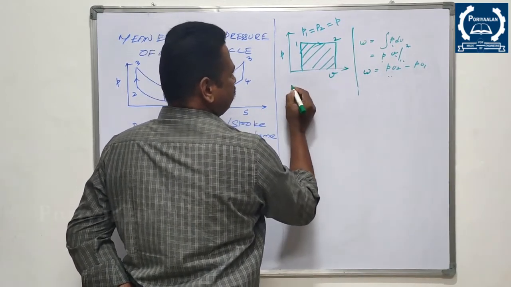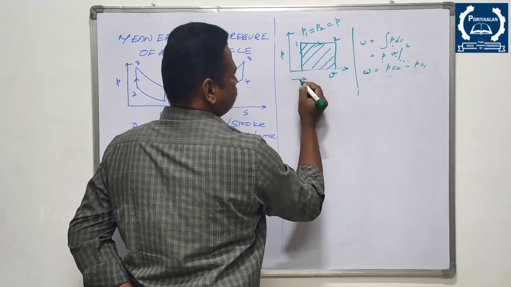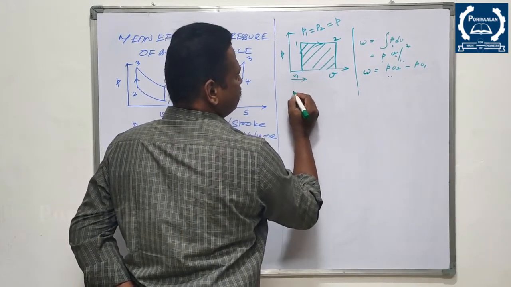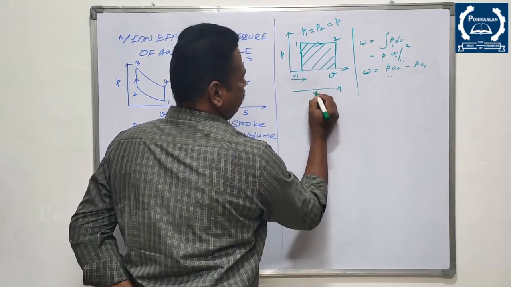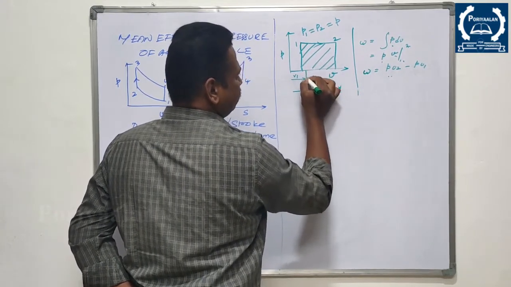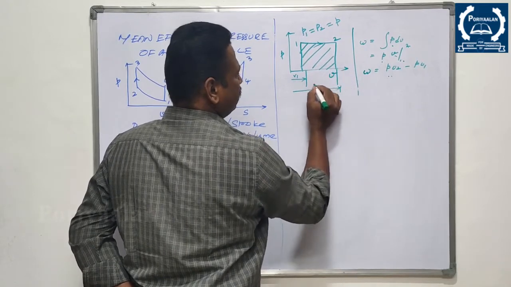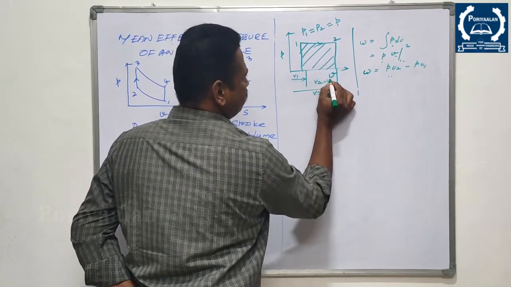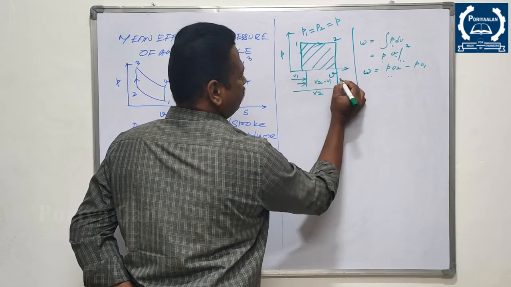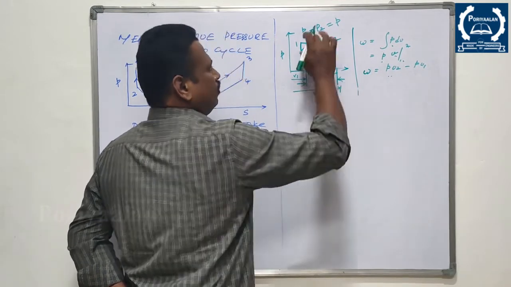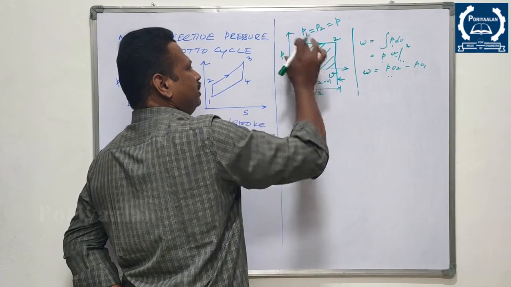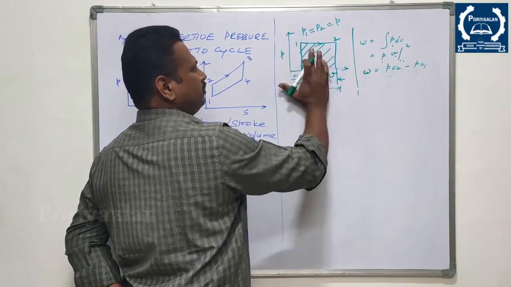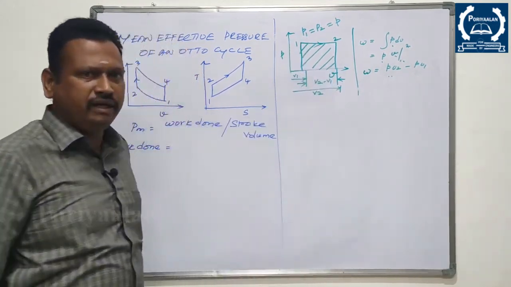Up to this is V1, and from this place to this place is V2. So V2 minus V1 will provide this portion. Now the height P, multiplied by V2 minus V1, will provide the value of work done.